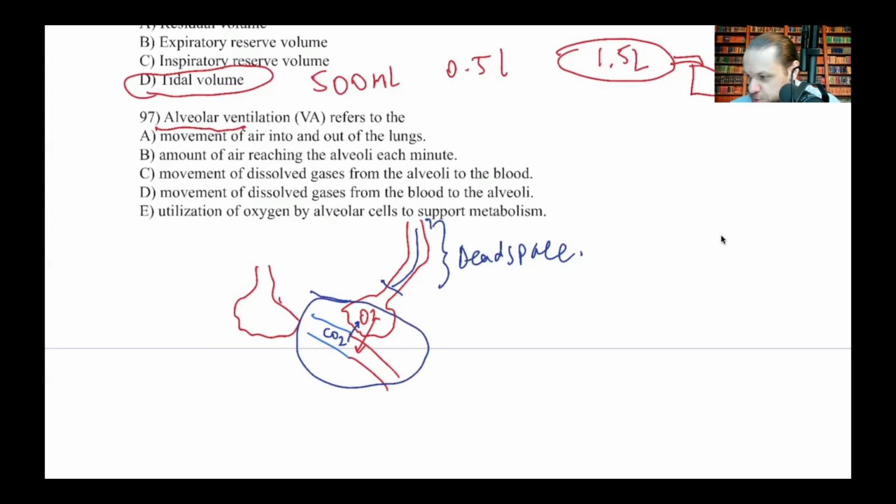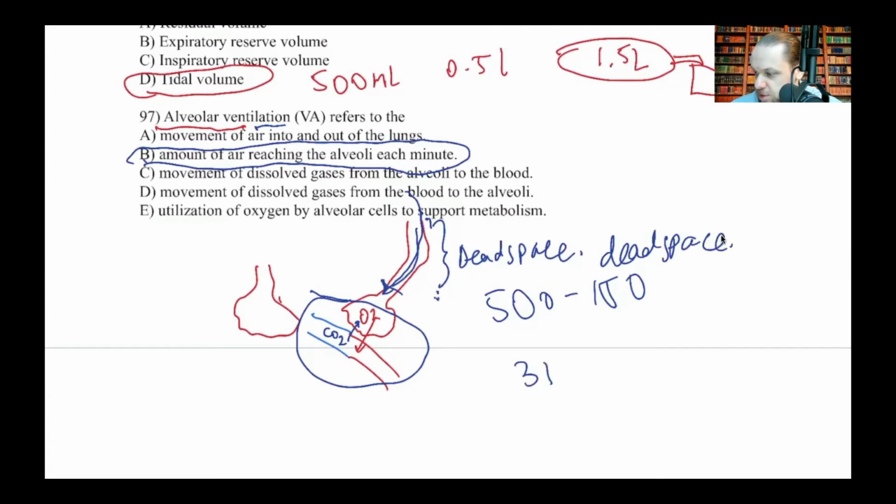All the oxygen you breathe in that's still in your proximal airways and didn't get to the point of exchange is not being utilized, so this is dead space. The alveolar ventilation is the amount of air actually reaching the alveoli. So the correct answer is B. Remember when I did the calculation, we did 500 minus 150 for the dead space?